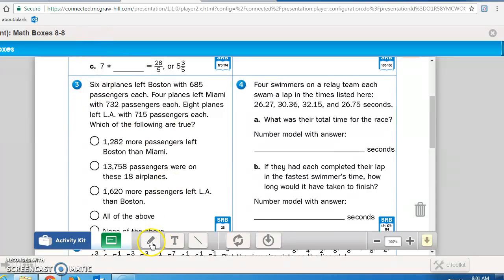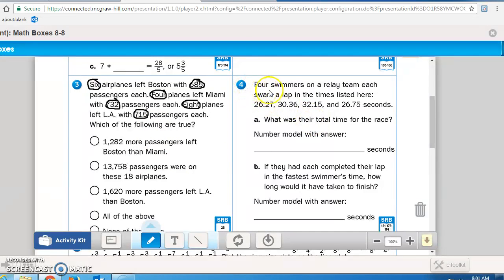So of course, you should know you're going to be doing something with these numbers. You're going to be doing something with 4 and 732 and something with 8 and 250. Be sure to get out a separate sheet of paper and show your work, because if you got it wrong, I'm going to want to see where you are misunderstanding something.